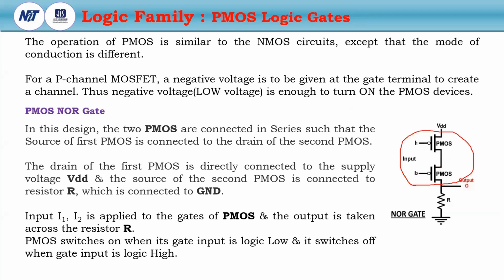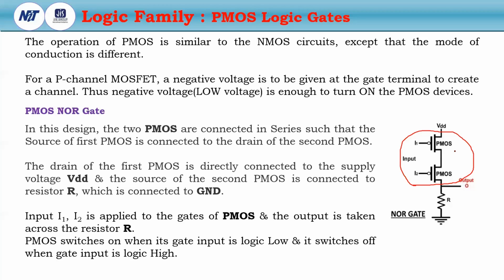Okay. So this is the basic difference and the operation is same. But the PMOS have the negative threshold. So for this reason, if we put logic 0 at the gate of the PMOS, then the PMOS will be activated. So this is the basic difference of the NMOS and PMOS. NMOS have the positive threshold to create the channel.